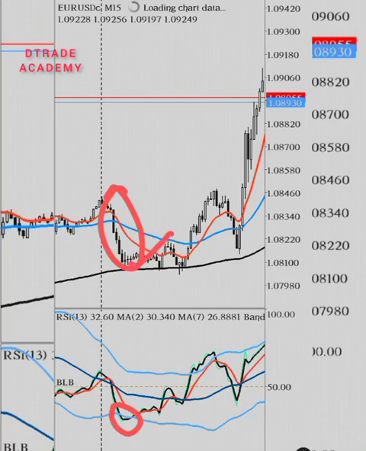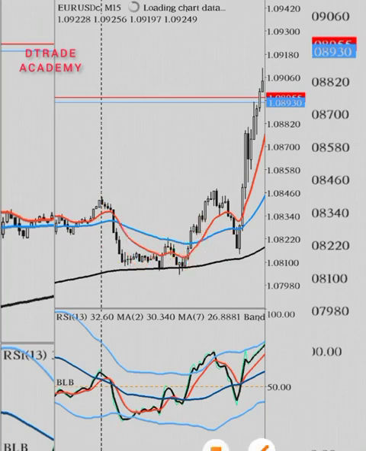Then the second leg must be a bounce inside the water. Then the neckline must be taken out by a shifting candle. This is a W. This long candle took out this neckline.